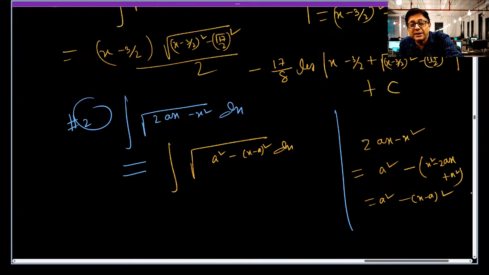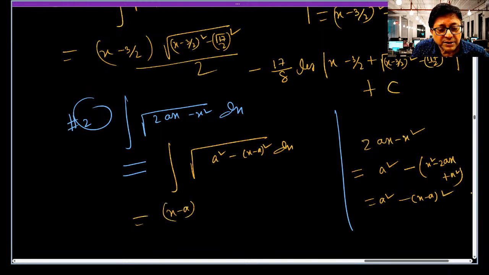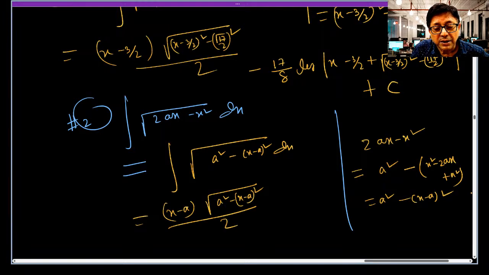X minus a can be treated as x only. So what is its answer? X root over plus a square by 2 sine inverse. This is the formula.